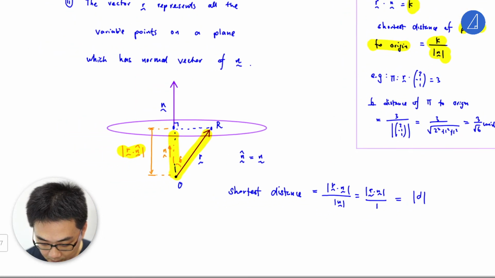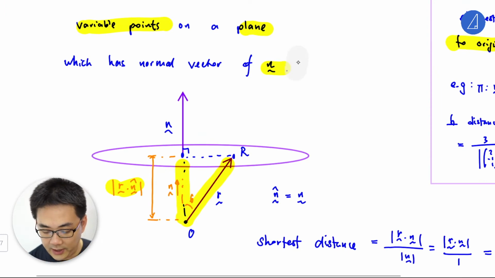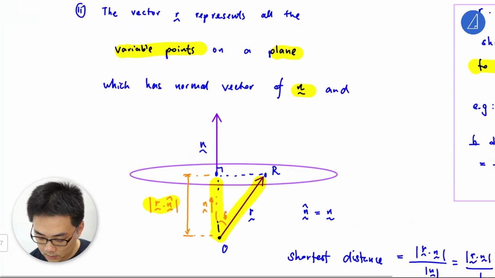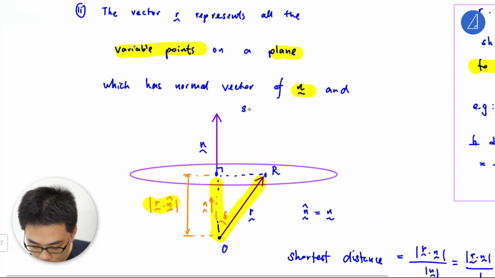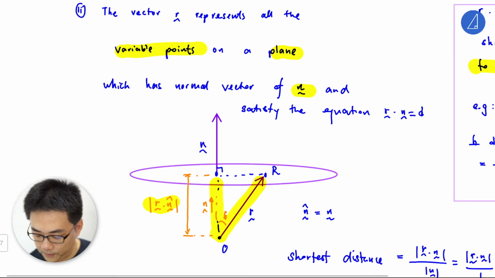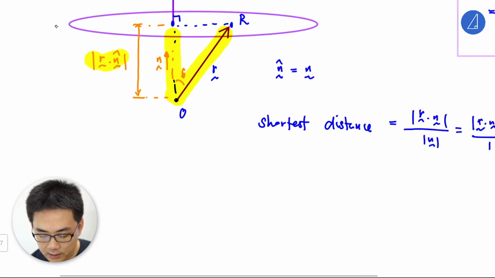The next part would then be you need to explain what d is. So the variable points represent all variable points on the plane which has a normal vector of n and satisfy the equation r dot n equals d. Okay, but d is actually the shortest distance.